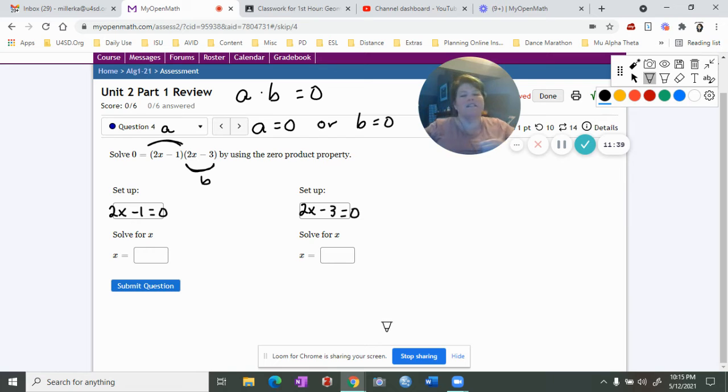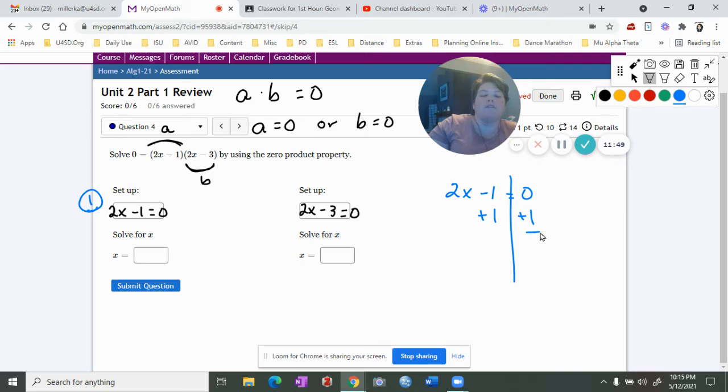And then I need to solve each of those equations. So option 1, 2x minus 1 equals 0. And I'm going to add 1 to both sides, and I have 2x equals 1, divide by 2, and x equals 1/2, or 0.5.